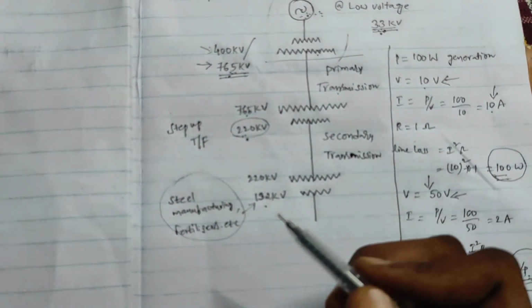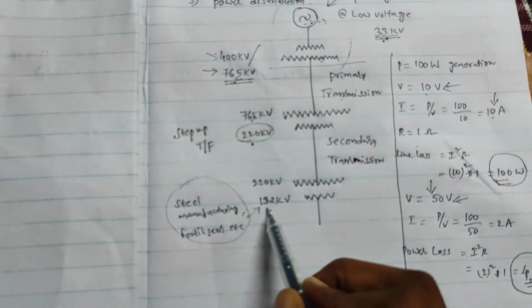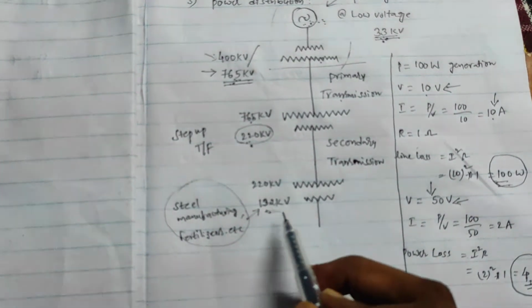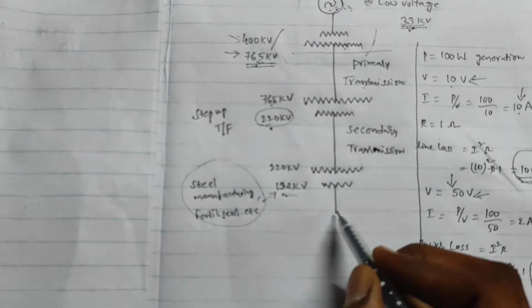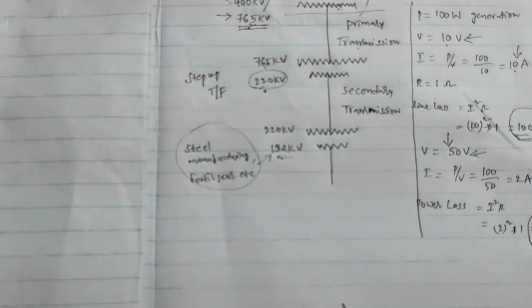Thereafter, the power at 132 kV should be stepped down to certain lower voltages. So you need another step down transformer here.